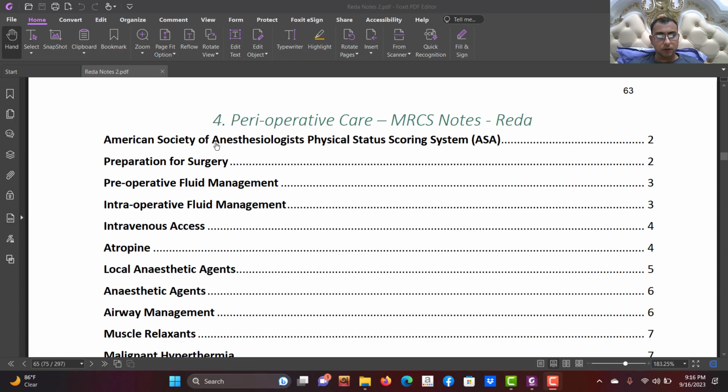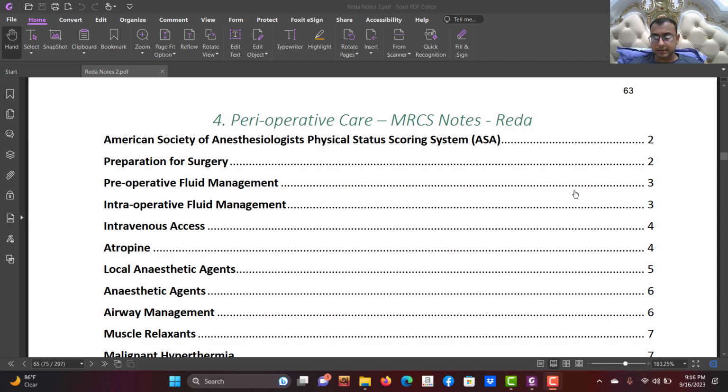First of all, the most important topic is anesthesia and its use of scoring system. Here that is ASA, the American Society of Anesthesiologists physical status scoring system.